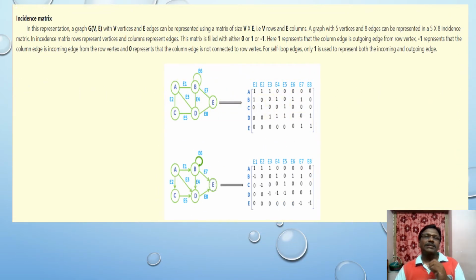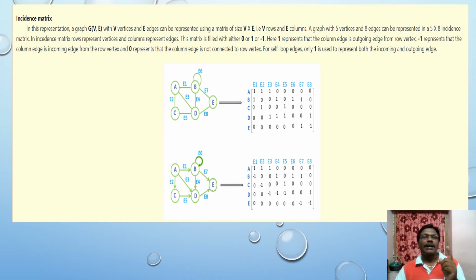The next one, incidence matrix. In this representation, a graph G = (V, E), where V is vertices and E is edges, can be represented using a matrix of size V into E. The previous one represented V into V, meaning number of vertices into number of vertices.